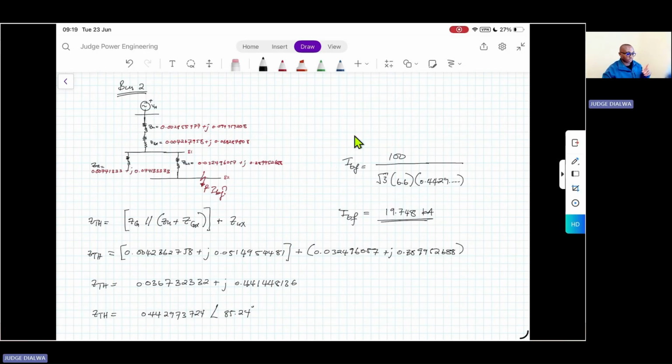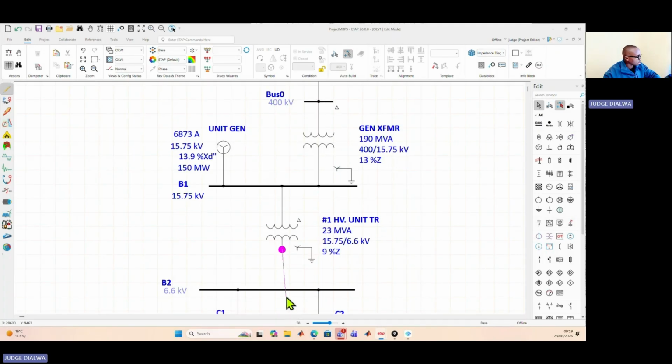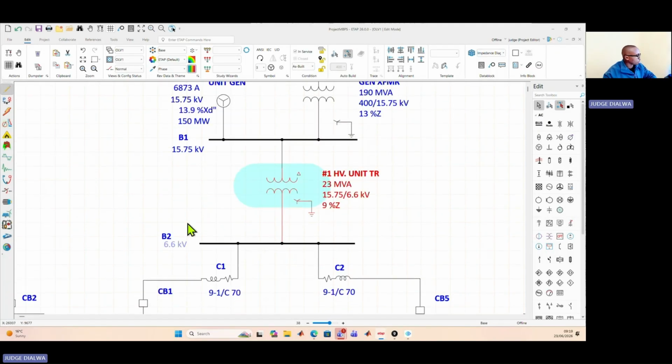So let's jump to ETAP and perform a short circuit study with this particular scenario. I will connect my HV unit transformer, and then disconnect the rest of the downstream equipment. In fact, I should have just done this because we are faulting bus B2.